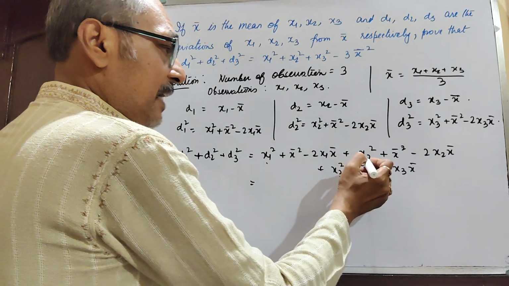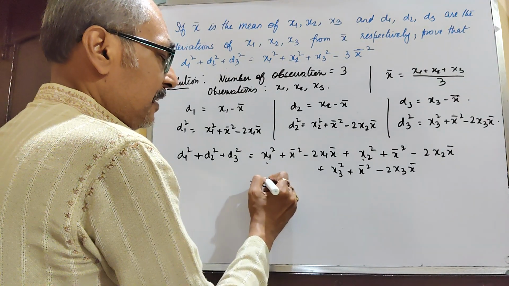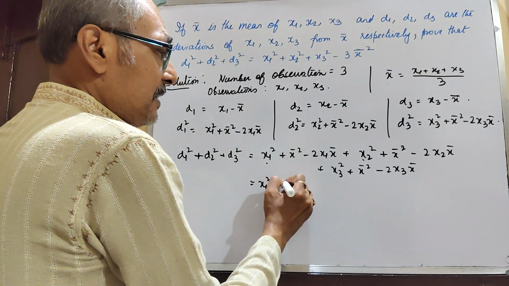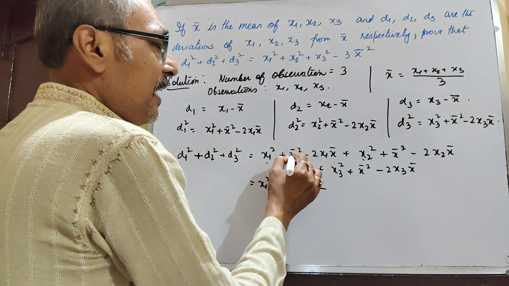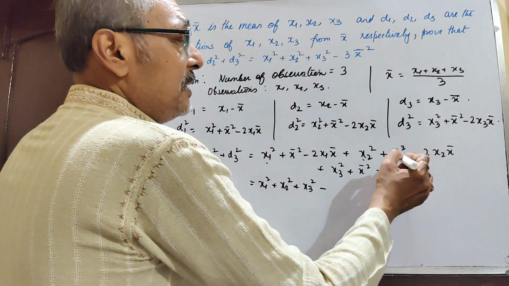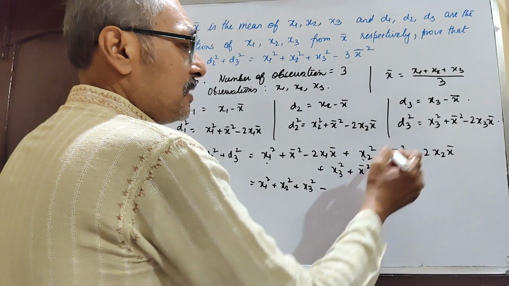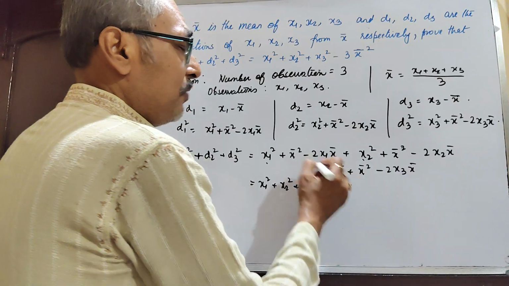I am writing first x1 squared plus x2 squared plus x3 squared. Then x bar squared: this is the first x bar square, this is the second and this is the third x bar square. Therefore 3 x bar square.